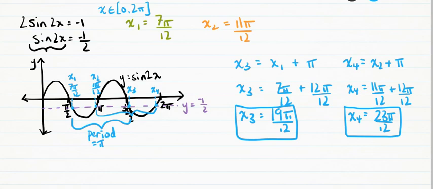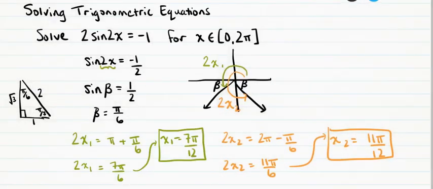So when solving trig equations that contain double angles or triple angles or any other kind of multiplier on the angle, we find our first two solutions by using the Cartesian plane and by labeling that diagram with double angles or triple angles or half angles, if that's the case, and solving for those respective answers for the first two solutions.